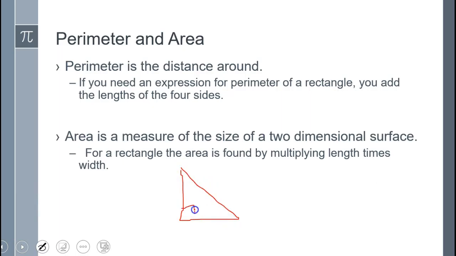Let's pretend that's a right triangle, and we have a base and a height. 1/2 base times height is the area of a triangle. It's the area of any triangle. For right triangles, the height is easy to find because it's just one of the legs. So those are some typical geometry things you may run into when doing word problems.